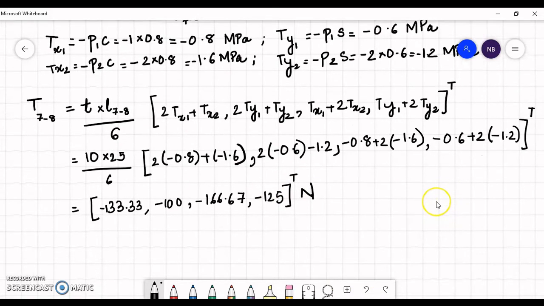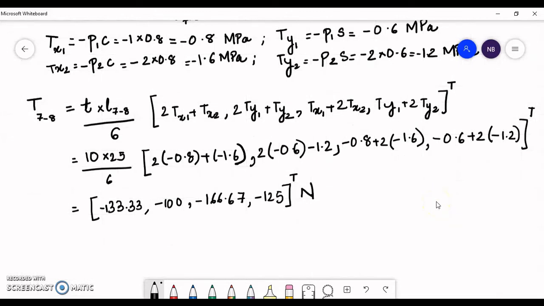So these loads that we have just calculated are nothing but F13, F14, F15 and F16.